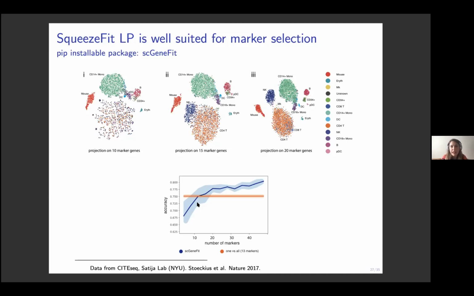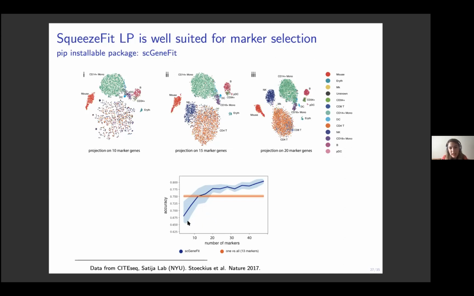And so they identify one gene per class, but we observe that sometimes it's not that useful to identify one gene per class, but maybe a couple of genes will give you a much better understanding of the landscape.